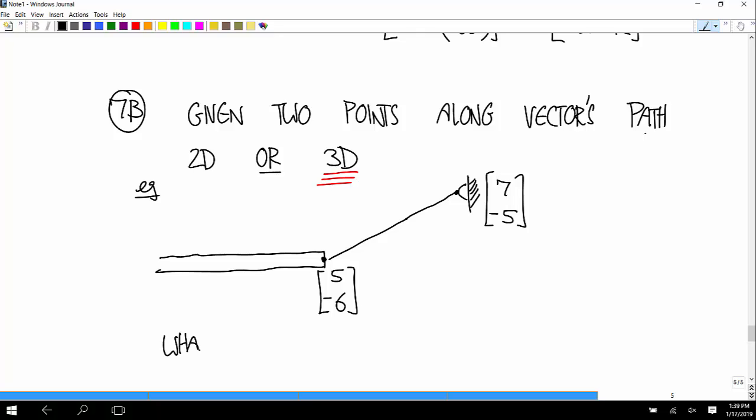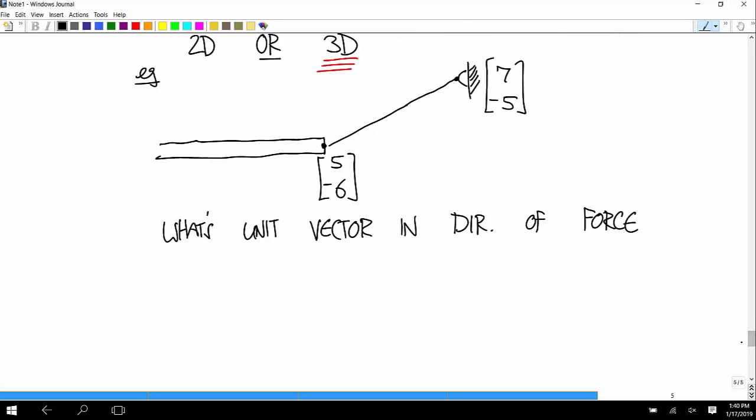And we want to know what's a unit vector that's in the direction of the force that the cable applies to the beam.